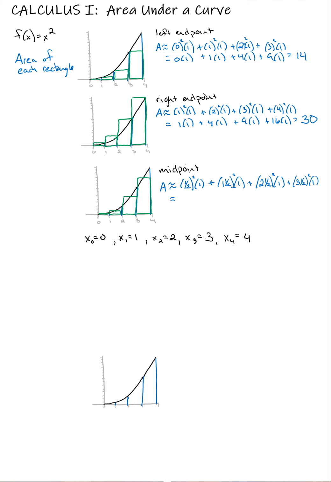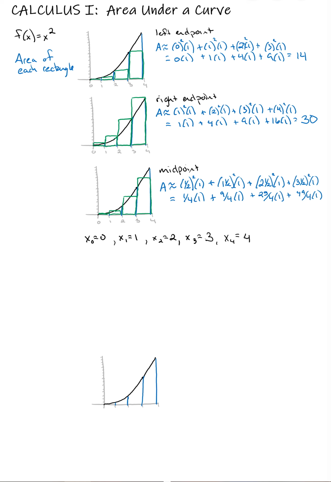So what is that? 1/4 times 1, plus 9/4 times 1, plus 25/4 times 1, plus 49/4 times 1.